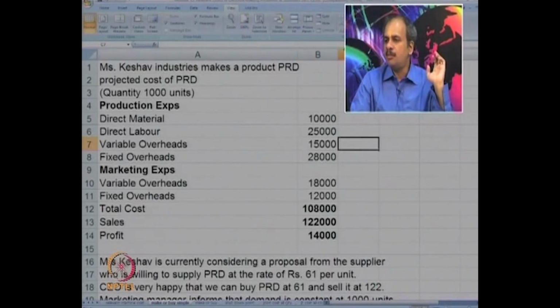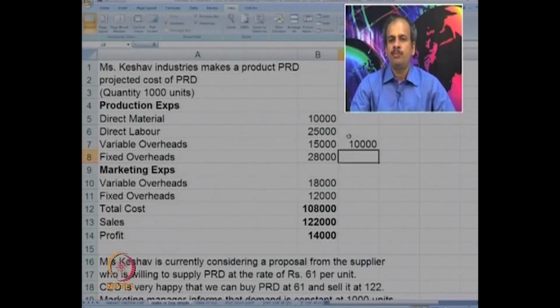So if we take the sum of these three items, it is 10 plus 25 plus 15. So what we incur is 50,000 to make 1000 units. So it is costing us 50 rupees to make, whereas the supplier is willing to give it to us at 61 rupees. So shall we buy it? The answer is clearly no.